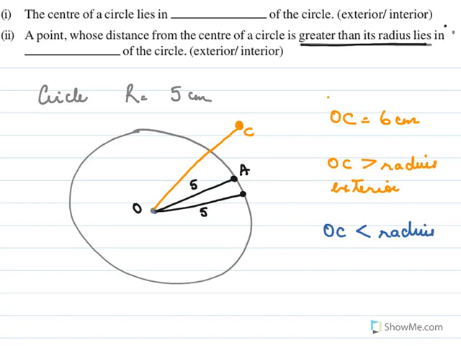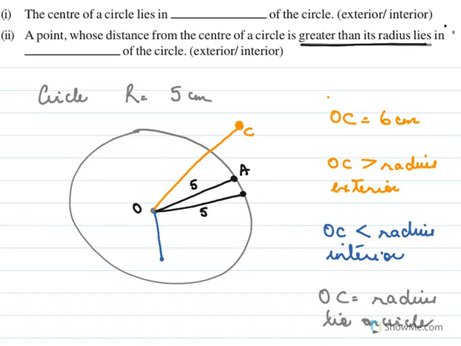Suppose it is 4 centimeters, it will lie somewhere here in the interior of the circle. And if OC is equal to radius, it will lie on the circle. So if it is greater than the radius, it will lie in the exterior of the circle.